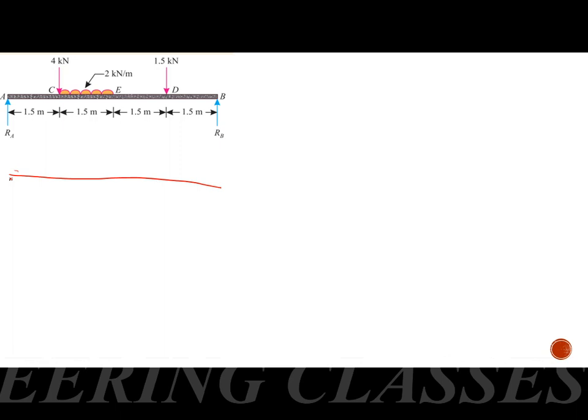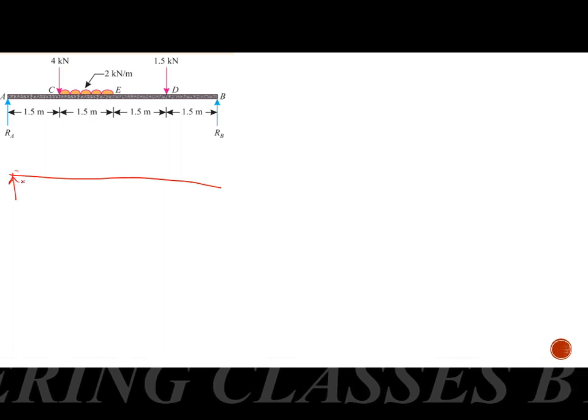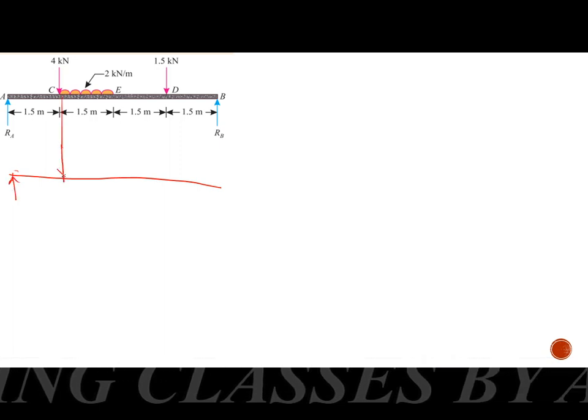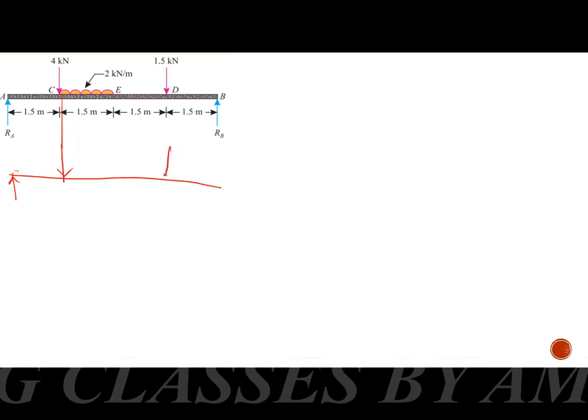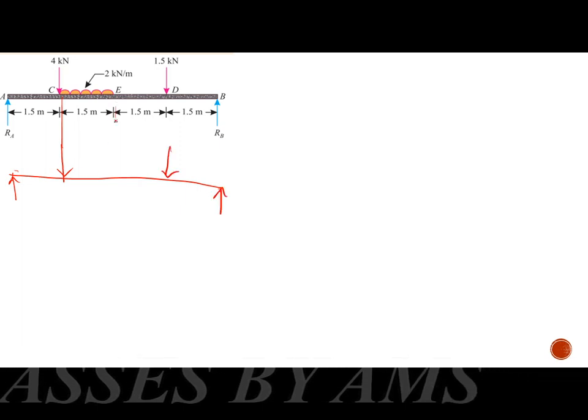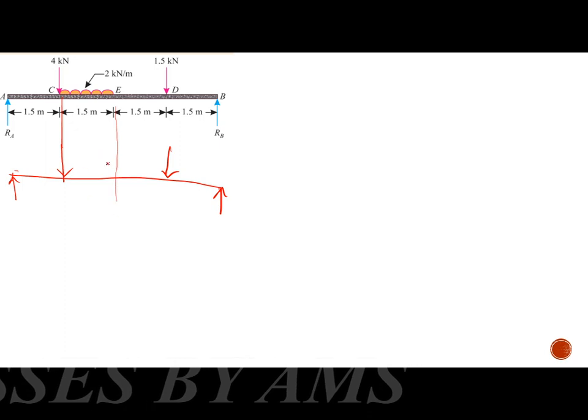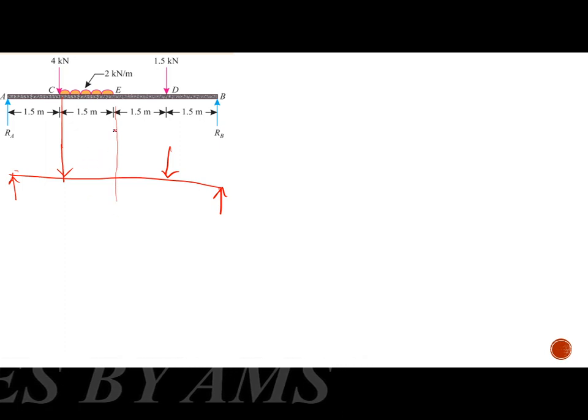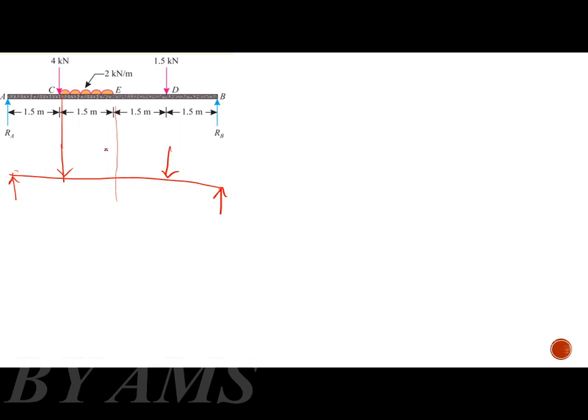Here we got a reaction, and here we got a force, and here another force, and here one reaction, and we got a uniformly distributed load over a length. So we will be replacing this uniformly distributed load with a point load.